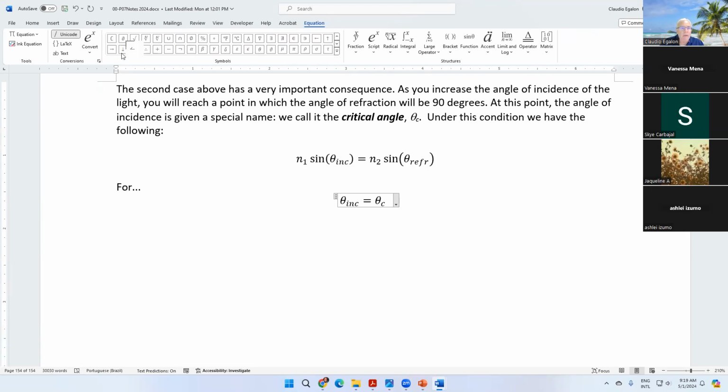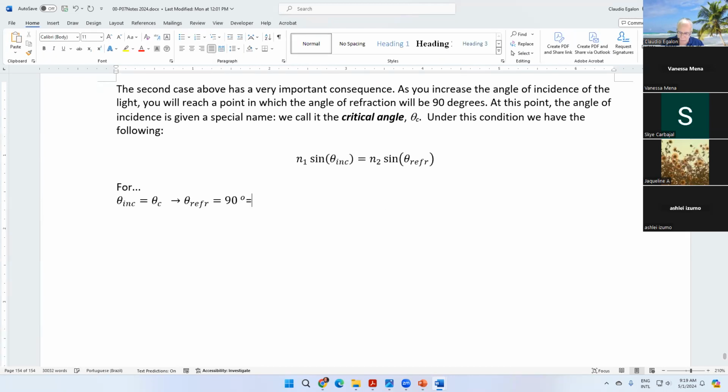It implies that theta of refraction is equal to 90 degrees, or pi over 2 radians.